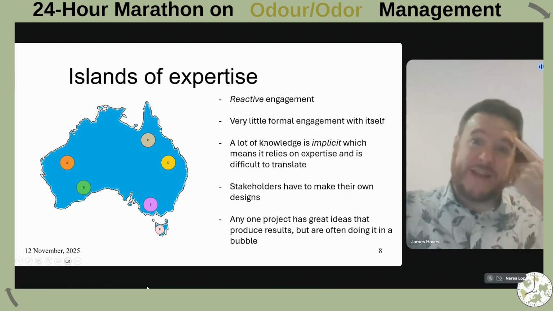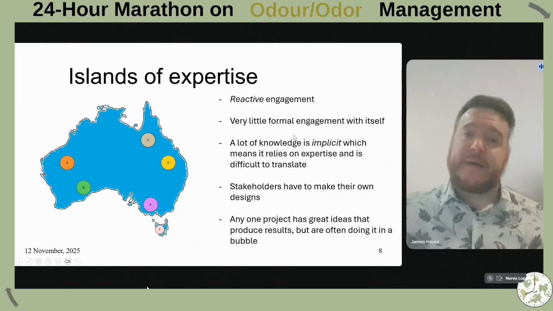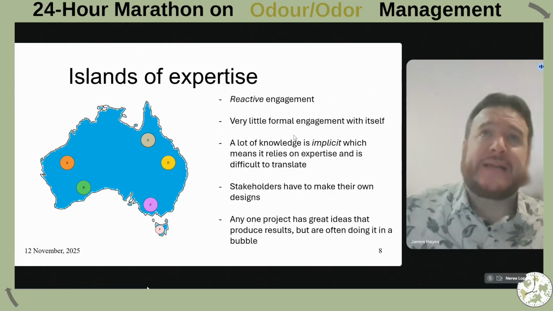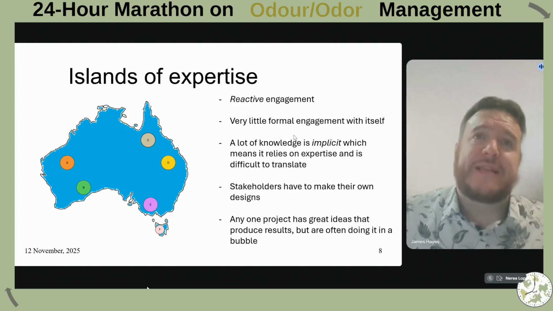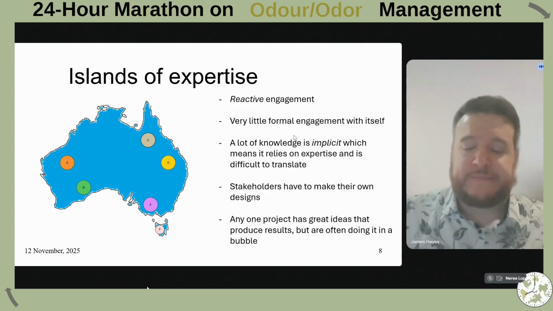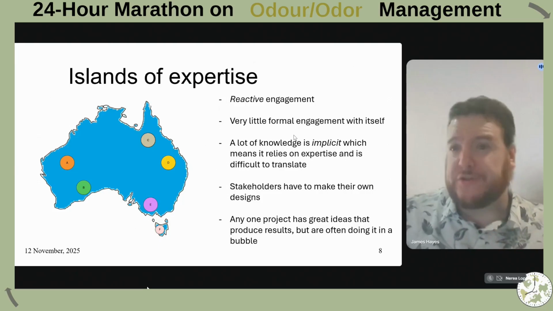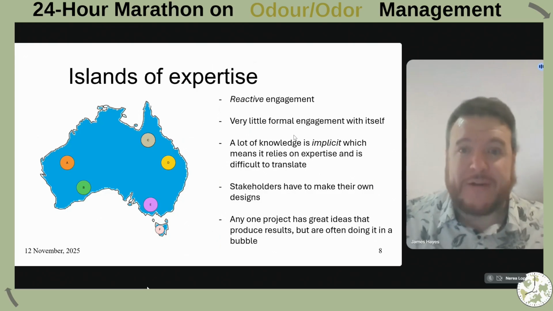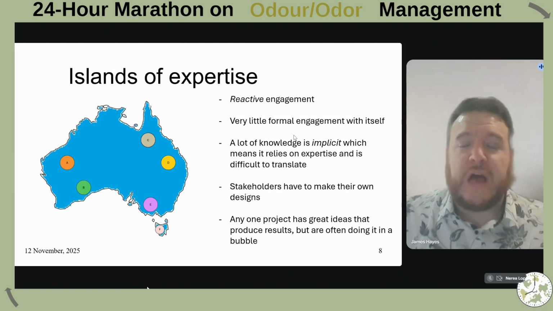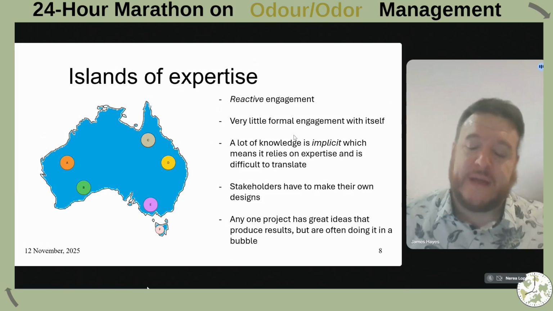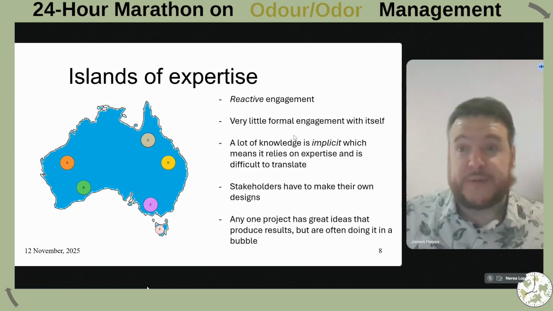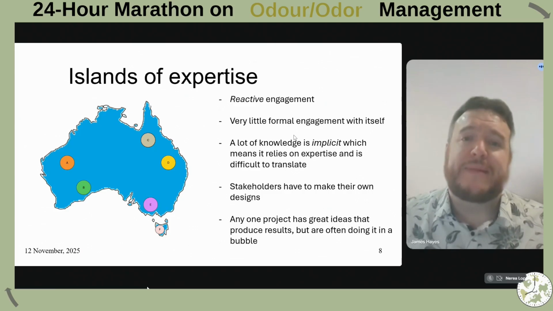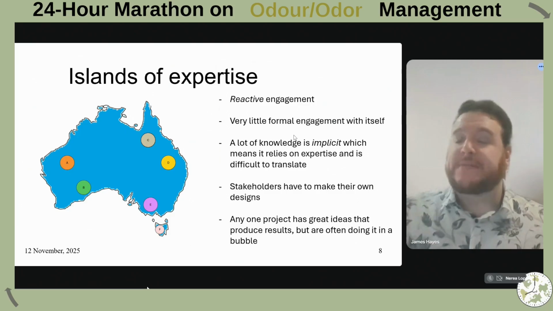So what do we have within the islands of expertise effect? Most of the approaches are reactive, and there's very little in terms of proactive solutions towards community engagement, which would definitely lead to better outcomes. A lot of the knowledge that consultancies or experts within this field have is implicit. And what I mean by implicit is that it is based upon expertise.